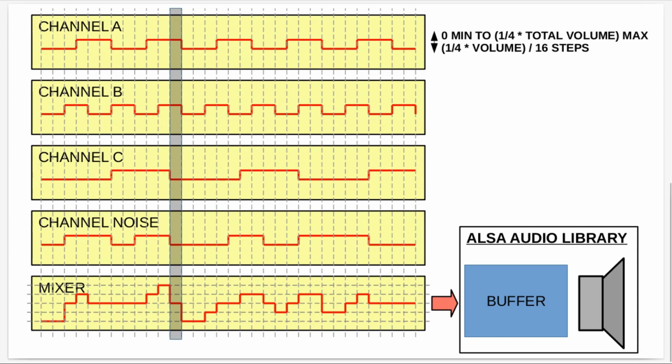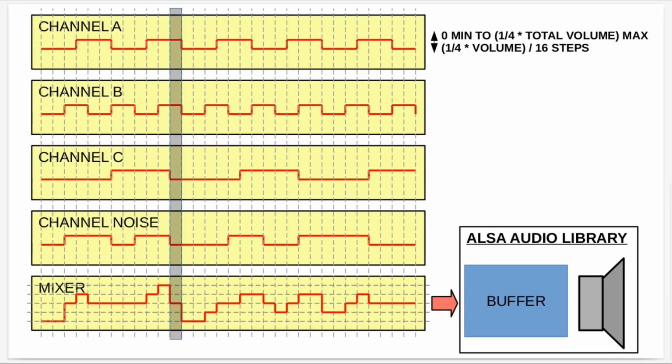But if you look just before the grey highlight, on channel A it's high, B it's high, so that's 2, C it's high, that's 3, and the noise channel is high as well, so that's 4. So that's 4 blocks on the mixer. So that's why each has to be at maximum a quarter of the output volume, because otherwise it would clip, it would be too much for the output amplifier, and you wouldn't get proper noise.